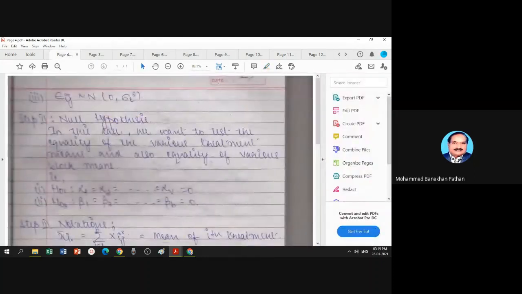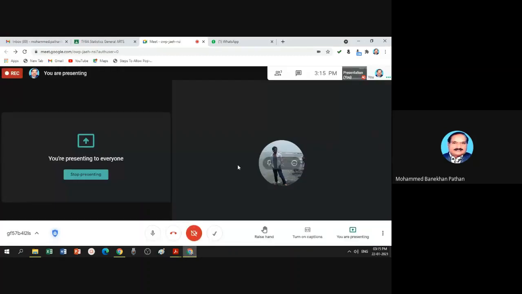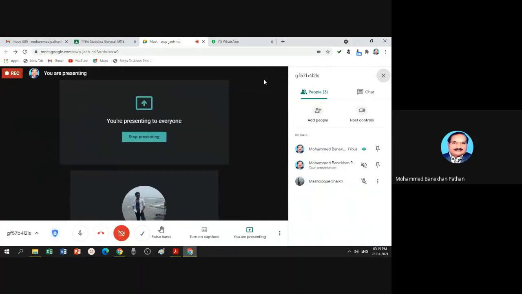Third assumption is, in the model, ε_ij is a random variable, follows normal distribution with mean 0, variance sigma squared.